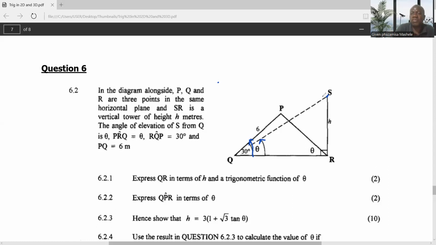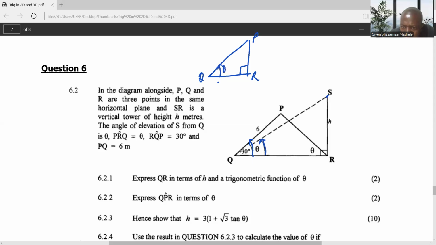First of all, let's isolate the triangles, guys. When I look at this diagram, I think we have two triangles which are very important to use here. The first one is the SQR, and this is the one which is the right angle triangle. By the way, what is the angle here? The angle here is theta in SQR. You can see it is from here up until here.